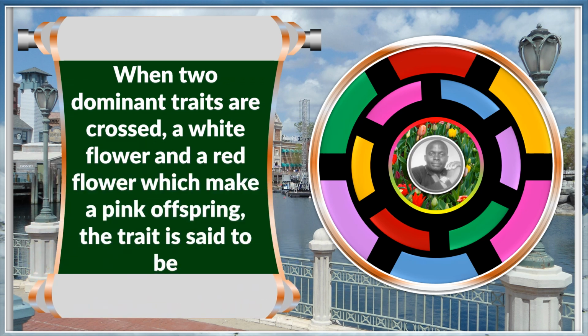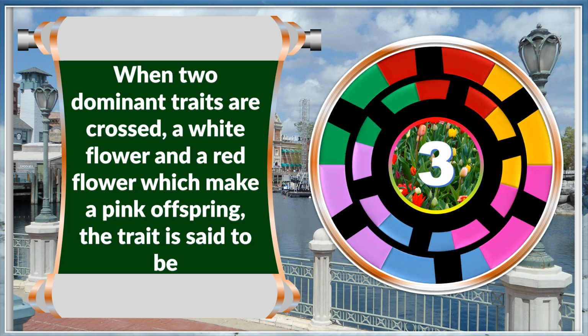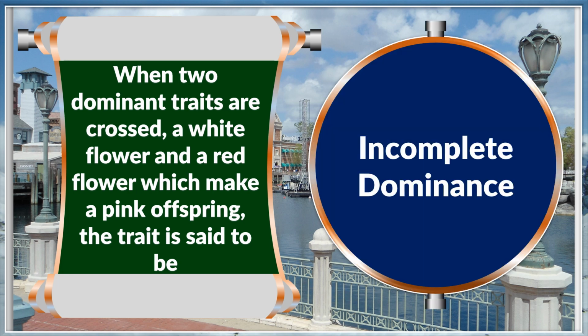When two dominant traits are crossed, a white flower and a red flower, which make a pink offspring, the trait is said to be incomplete dominancy.